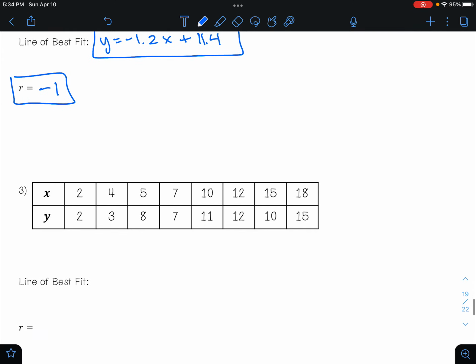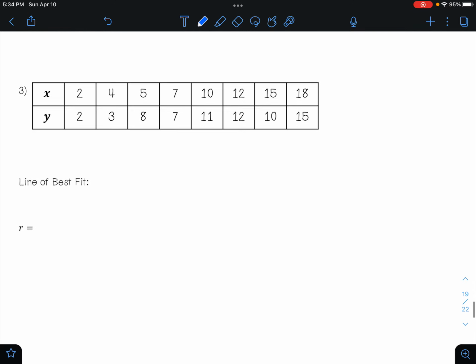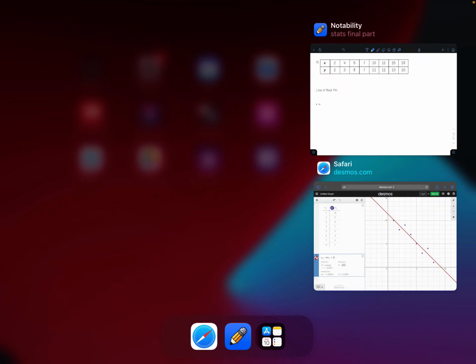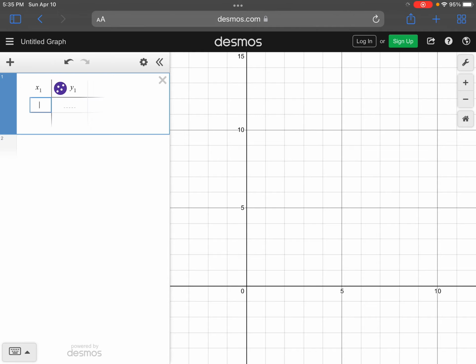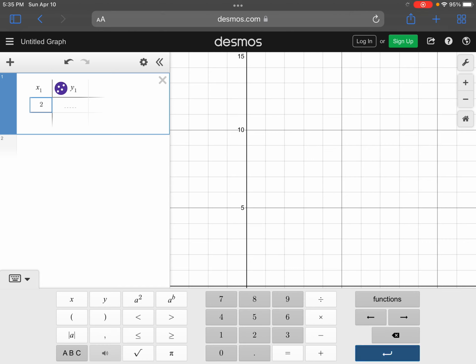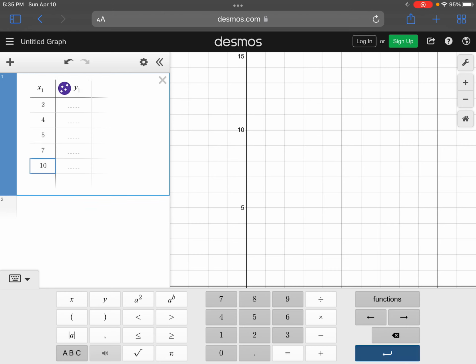Let's go ahead and look at example 3. So on example 3, we're going to do the same thing here. In Desmos, I'm going to delete these things and insert a table. My table values are 2 for x, 4, 5, 7, 10, 12, 15, and 18.